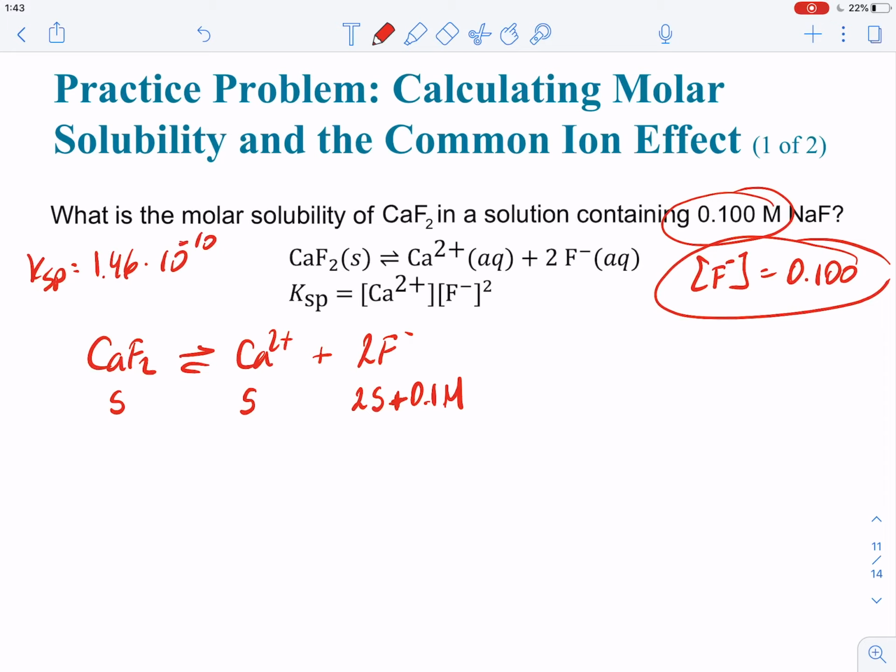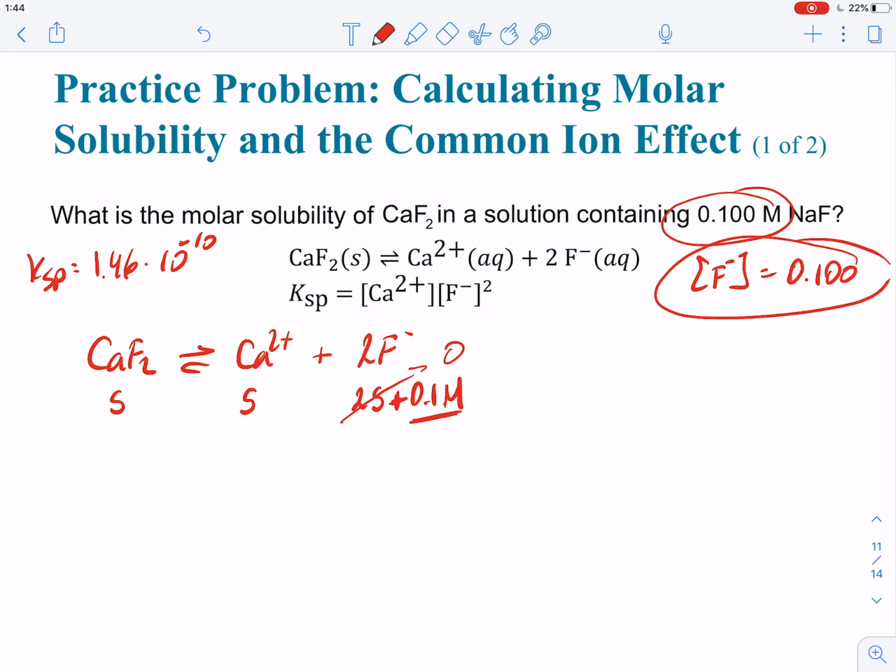And you may argue that the solubility of calcium fluoride is much less than 0.1. So you can assume this concentration is really large compared to the solubility of that ion, so we can say this is very small, pretty much like the x small assumption.